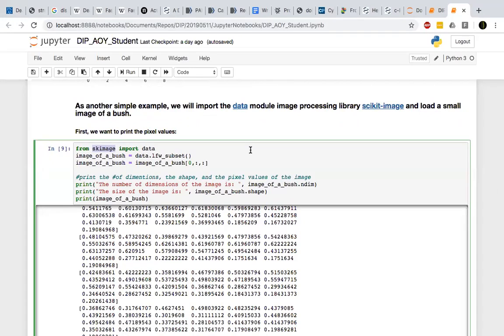If you go to any terminal window or command line and type conda list, this would list all of the packages that you have installed with your Anaconda.